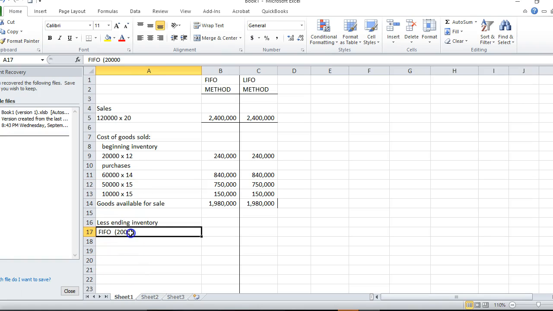So our ending inventory is going to be these last ones. So 20,000 units at $15 means our ending inventory using FIFO would be 300,000. Does that make sense?